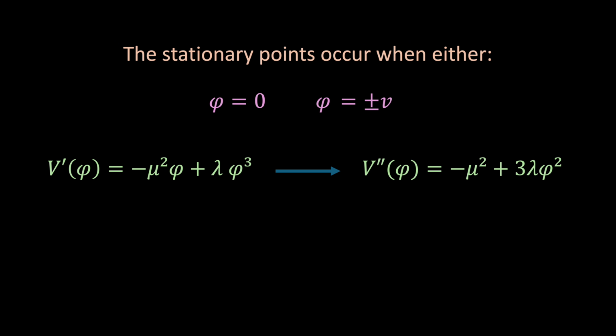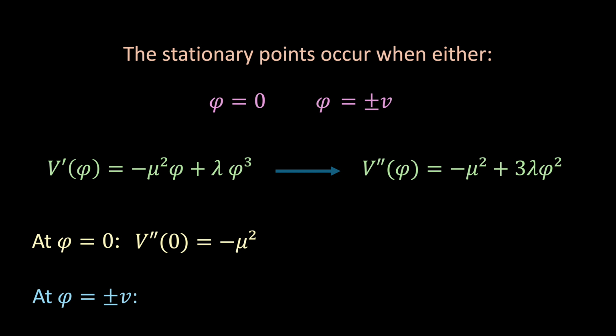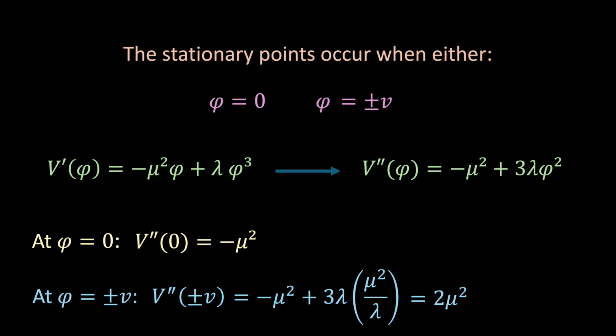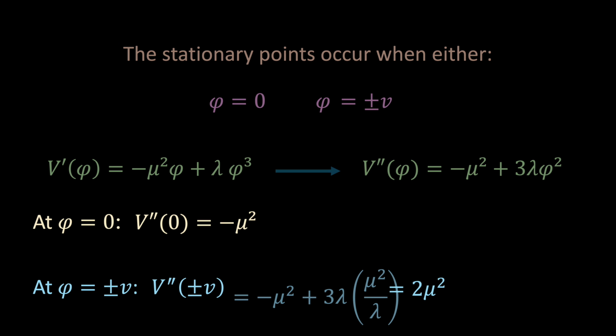We can then check each of our stationary points. At phi equals 0, we find that the curvature is equal to minus mu squared, which is negative. On the other hand, at phi equals plus or minus v, we find that the curvature is equal to 2 mu squared, which is positive.